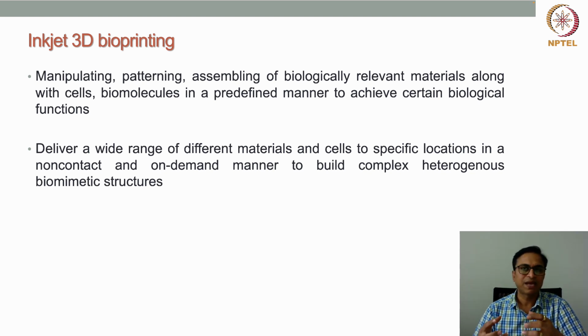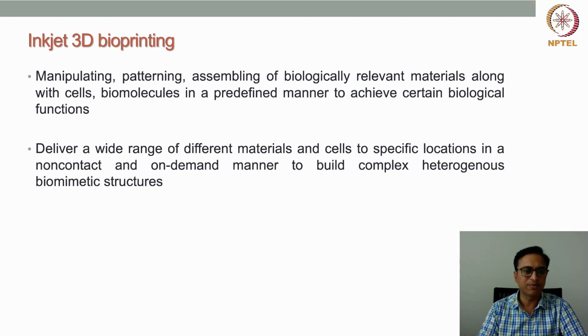Here, the capability of this printing technology is that it can deliver different types of materials and cells. We can use different types of materials and cells to produce these droplets and then deliver them to specific locations in an on-demand manner.